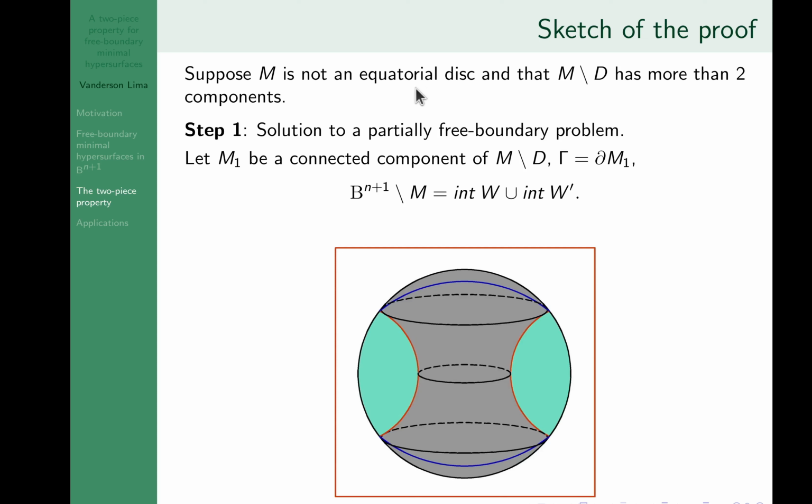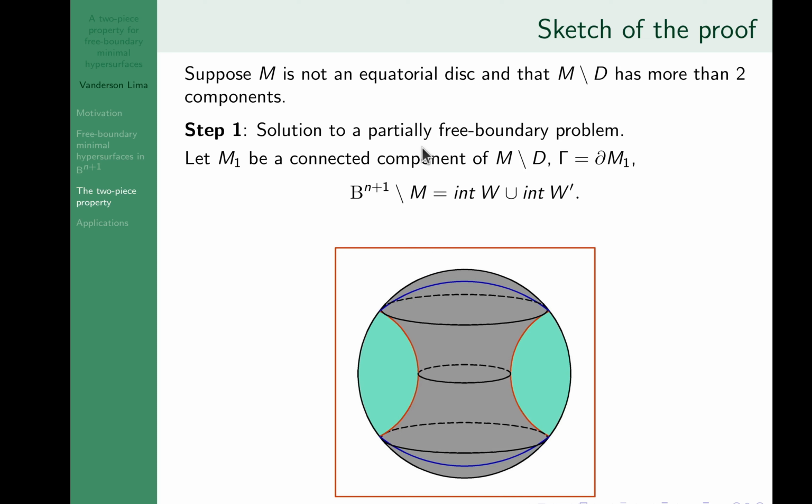So here in my picture, think of the hypersurface as the catenoid. The two domains are the inside of the catenoid, in gray color, and the outside, which is represented in green color.